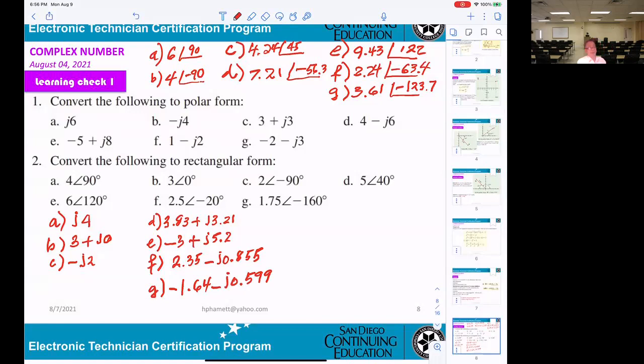Okay, basically in the example, if you get a rectangular form, you convert to polar, or if you get a polar form, you are able to convert to rectangular, no problem.